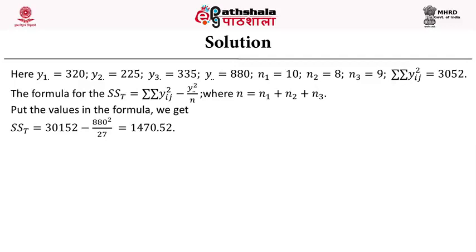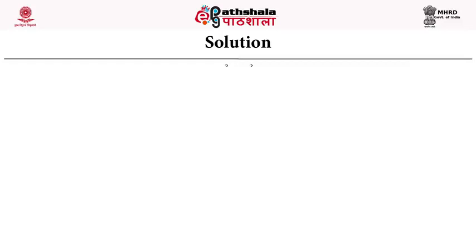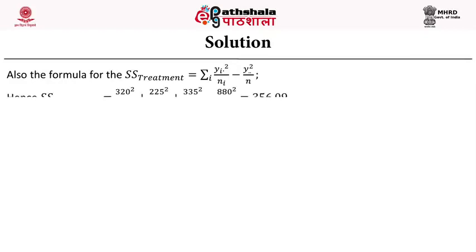The formula for the sum of squares of total is equal to the double summation of yij square minus y double dot square upon n, where n takes the value n1 plus n2 plus n3. After putting in the values, the sum of squares of total comes out to be 1470.52. Also the formula for the sum of squares of treatment is equal to the summation of yi dot square upon ni minus y double dot square upon n.